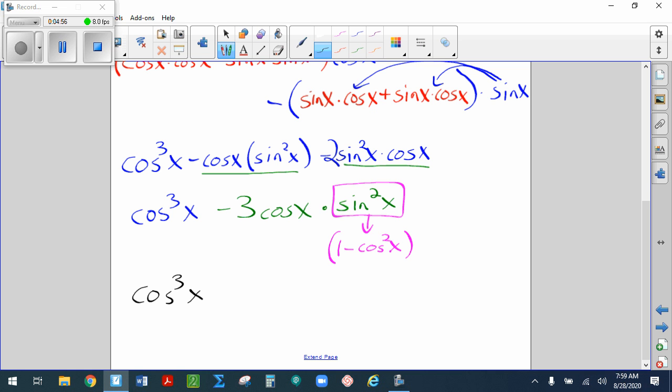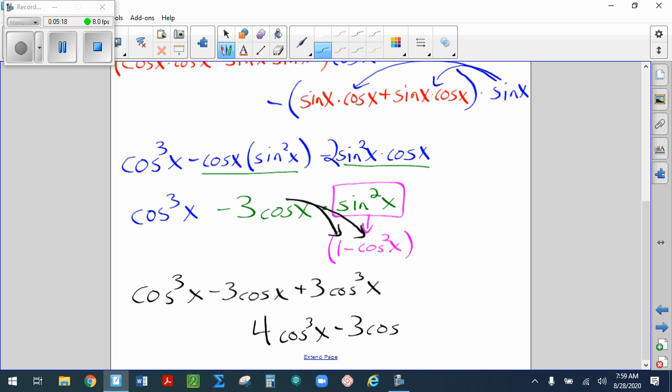Then I'm going to distribute this negative 3 cosine x times 1, and this negative 3 cosine x times negative cosine squared x, which is plus 3 cosine cubed x. So I have cosine cubed plus 3 cosine cubed is 4 cosine cubed minus 3 cosine x, and I'm done. That's what I wanted.